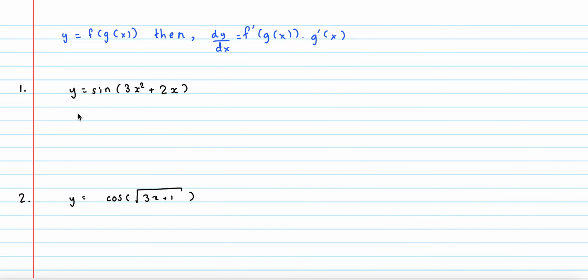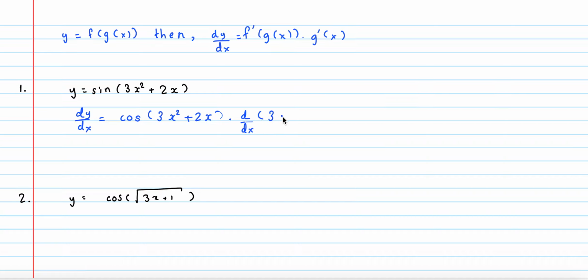So if we find the derivative using chain rule, first we have to differentiate the outer function. So we'll get the cosine of 3x squared plus 2x. When we differentiate sine, we get cosine. And then we have to find the derivative of the inside function and multiply it.